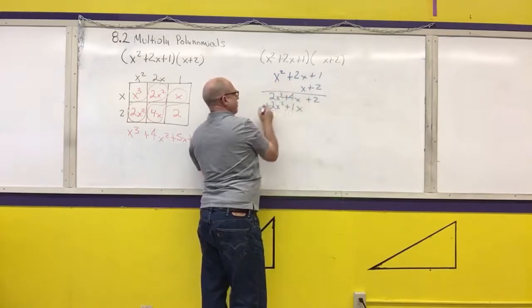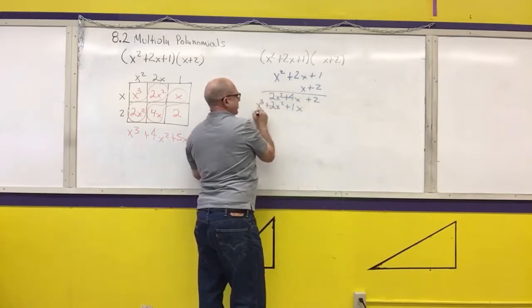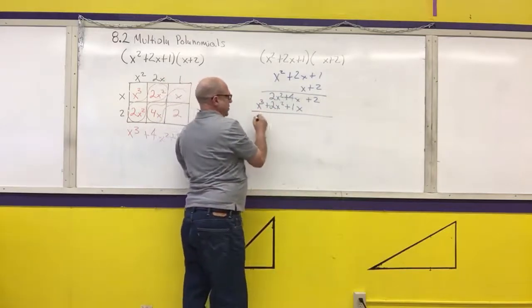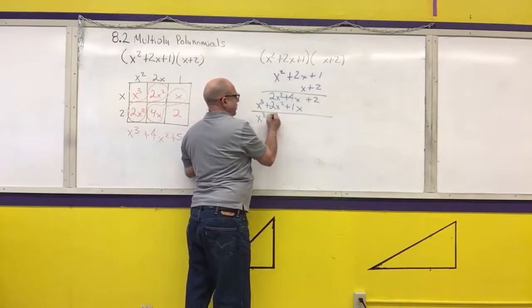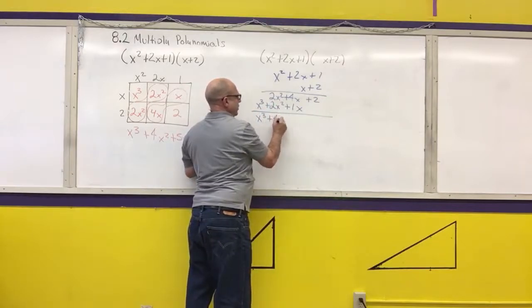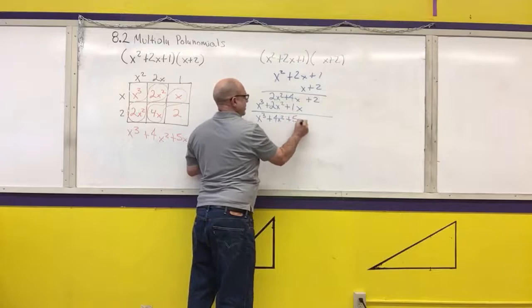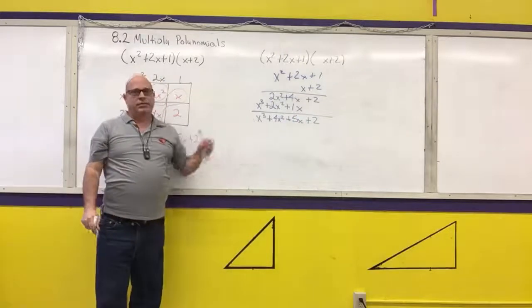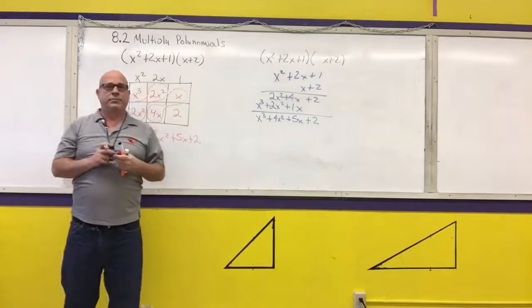And x times x squared is x cubed. Add vertically, I have x cubed plus 4x squared plus 5x plus 2, and you notice my 2 answers match.